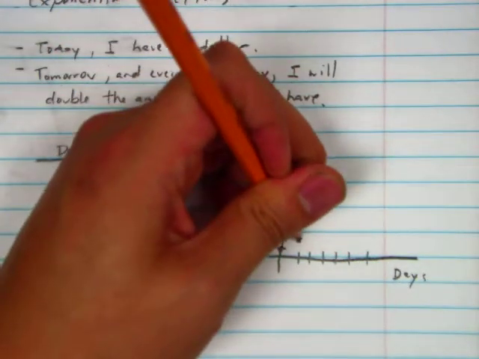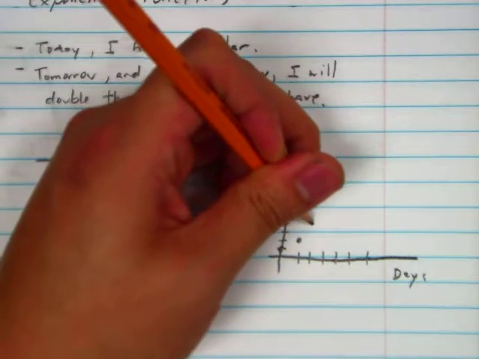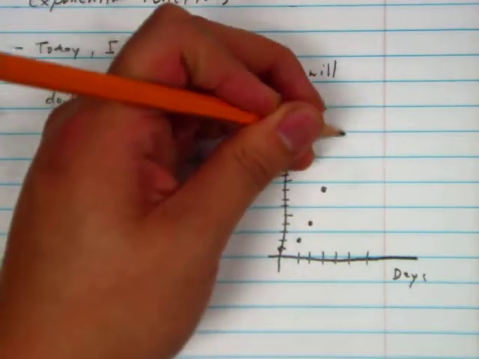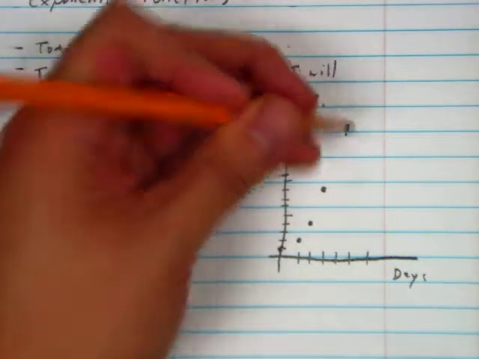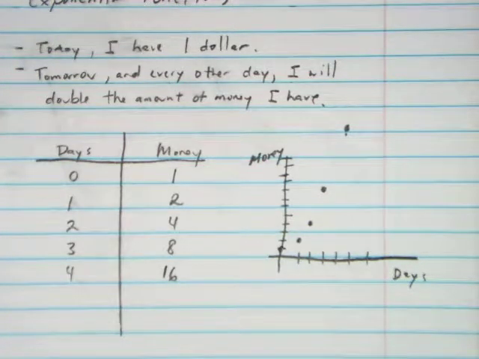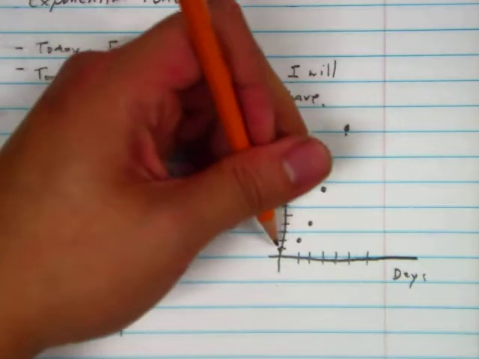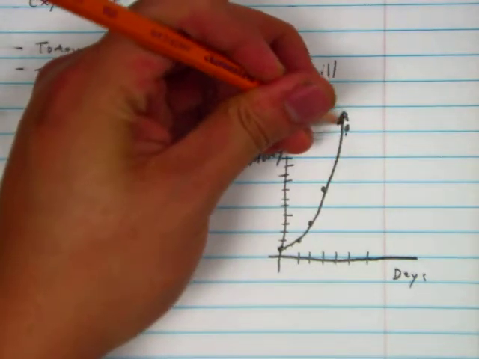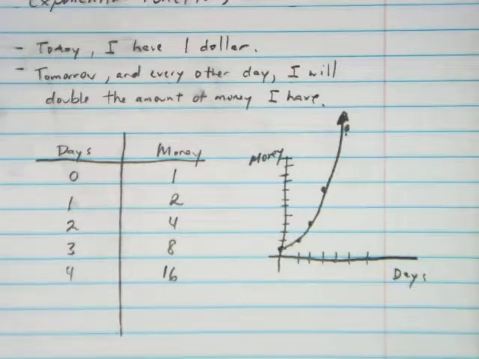After 1 day, I'd have $2. 2 would be 4. 3, it would be 8. 4 would already be way off this chart here. So we can see an exponential function increases very, very quickly. It increases bigger than even a squaring function.